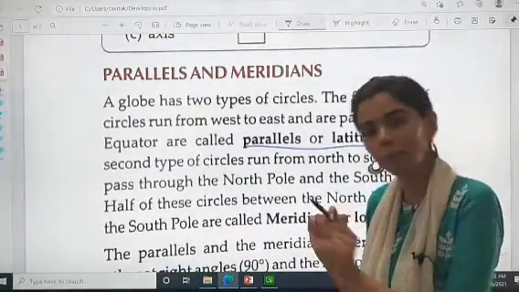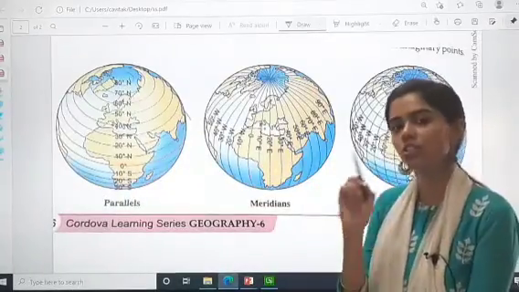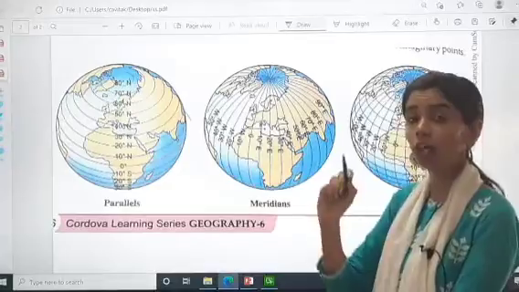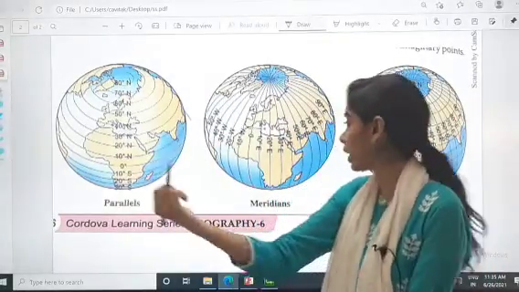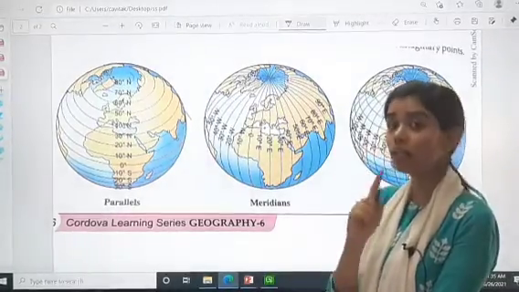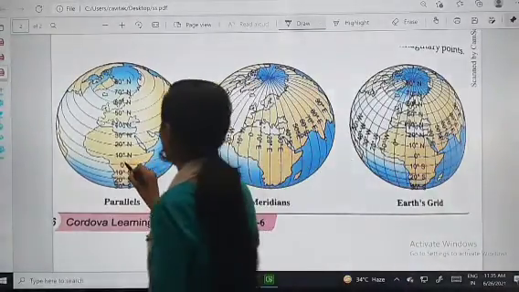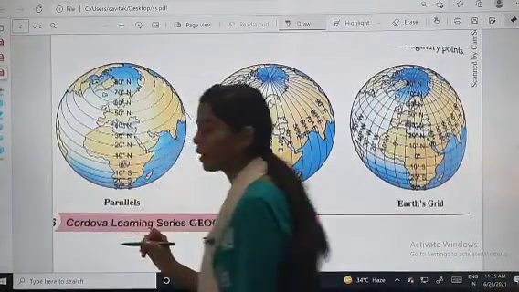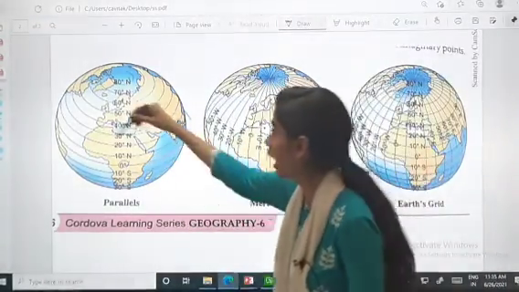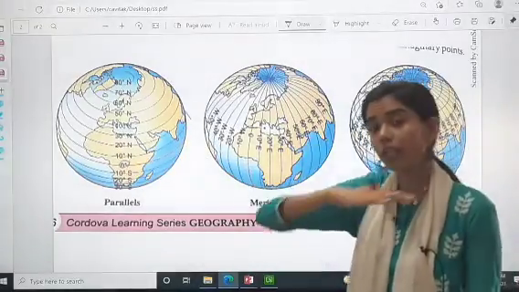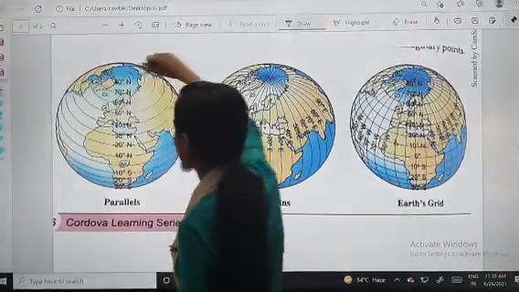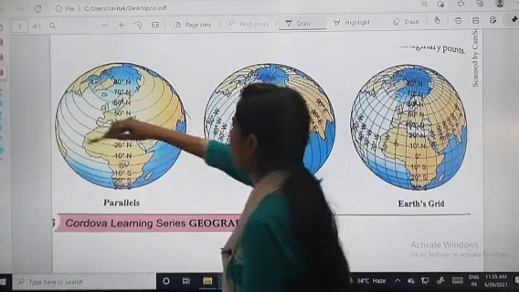Now I will show you the picture of it. As we read, the first type of circle runs from west to east. Now look at the parallel figure; they are parallel to the equator. This is your equator, and in the parallels the lines are sleeping lines like this. Notice how it keeps on rotating.